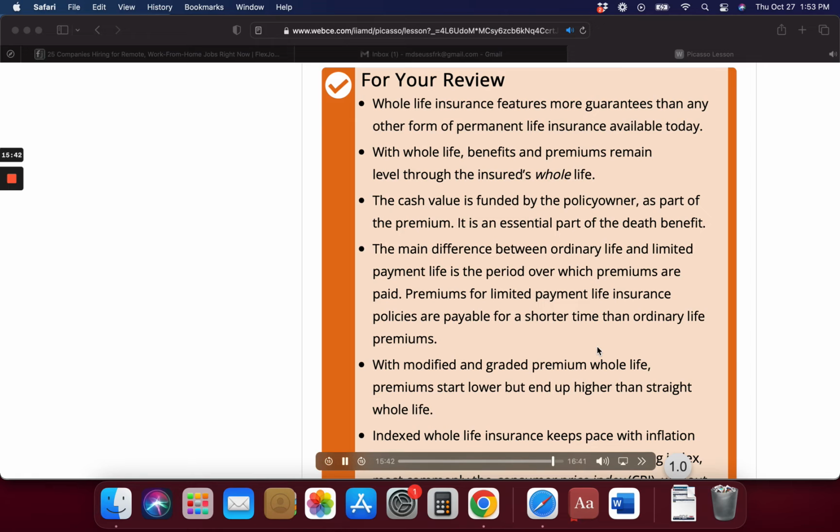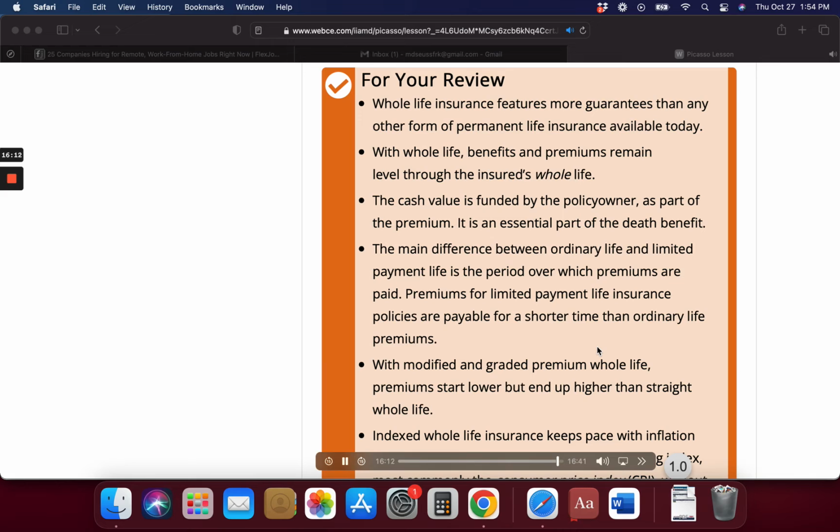With modified and graded premium whole life, premiums start lower but end up higher than straight whole life. Indexed whole life insurance keeps pace with inflation by increasing the death benefit to a cost of living index, most commonly the Consumer Price Index, CPI, without the need for evidence of insurability. Current assumption whole life and interest-sensitive whole life premiums can change in response to the insurer's actual mortality, interest, and expense experience.